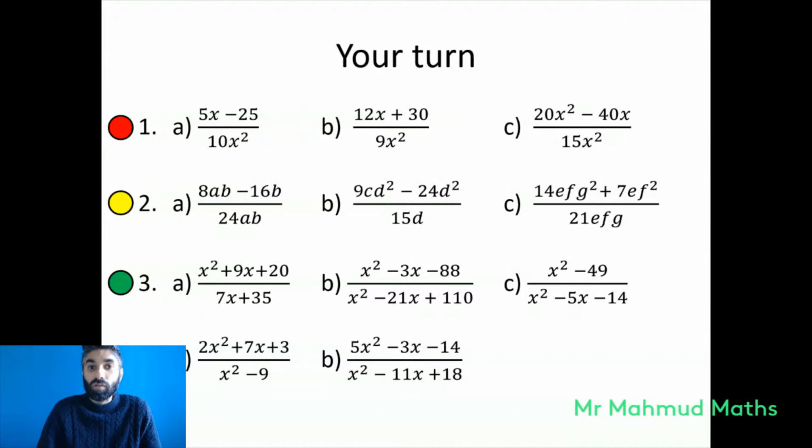Let's get this done. So Finn has 1a, x plus 5 over x plus 2. Okay, Finn, let's have a go at the first one, just to see people are getting things right. If you factorize the top part, you should have 5 brackets x minus 5.